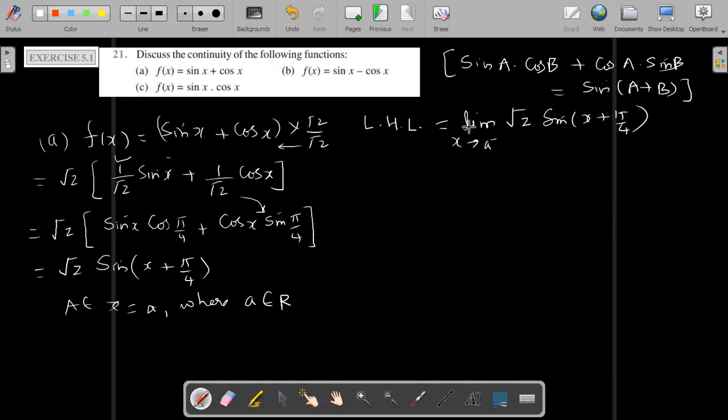Root 2 is constant, you can take it out, and limit h tending to 0, sin x is replaced by a minus h, plus pi by 4.